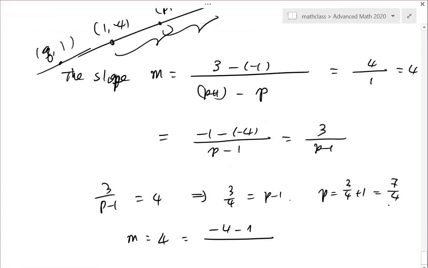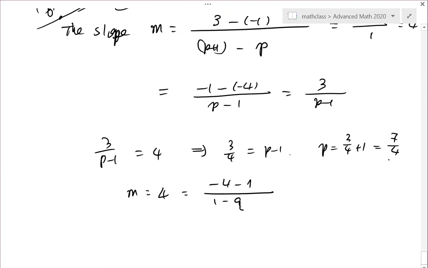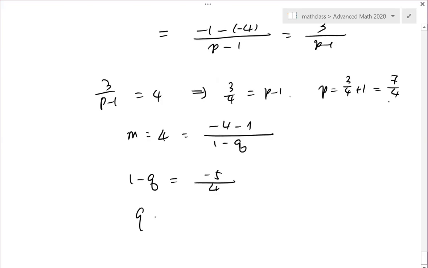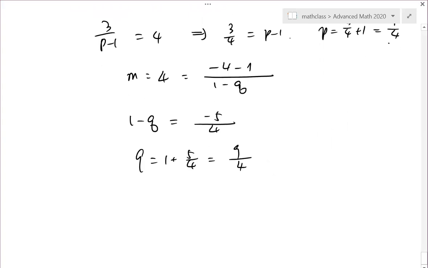So -4 minus 1 over 1 minus Q, and you calculate this. So you get 1 minus Q equals -5 over 4, and then Q equals 1 plus 5 over 4, which is going to be 9 over 4. Okay, so that's it.